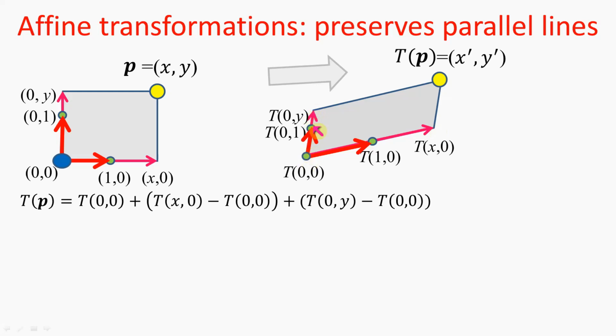This vector is the difference between T(0, y), which is the image of this point, and T(0, 0), which is the image of the origin. Putting these all together, we could express the transformed point Tp from the image of the origin and from the images of points (x, 0) and (0, y).